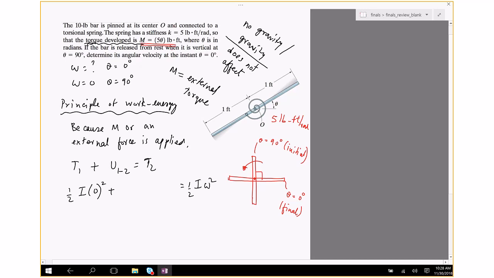Why did I write half I omega squared? It's because the rod has only rotational kinetic energy. So there is no energy associated with translation. Normally I would write half m v squared plus half I omega squared, but since there's no linear speed v, that part is 0. So only rotational energy.